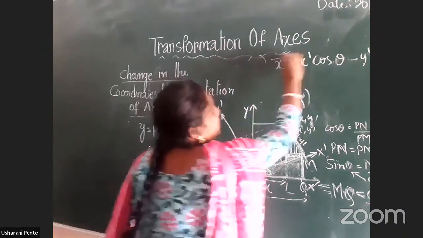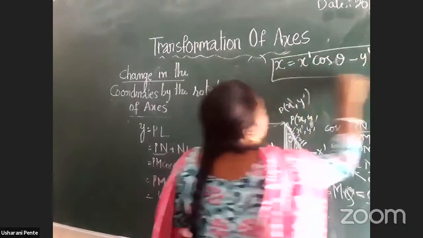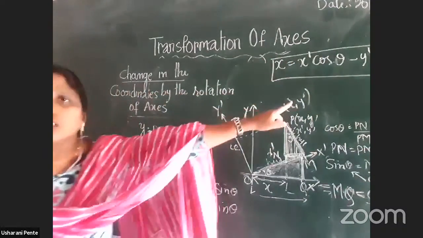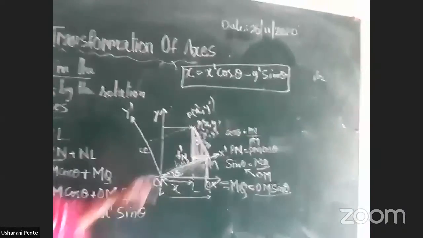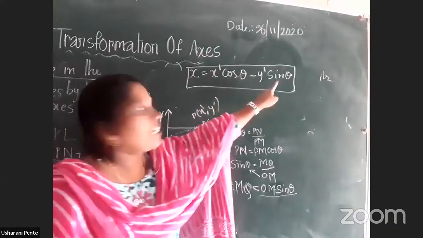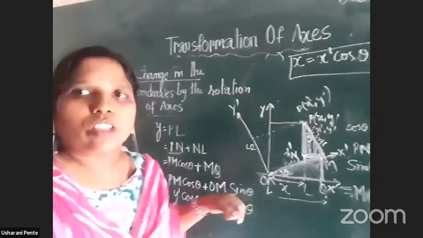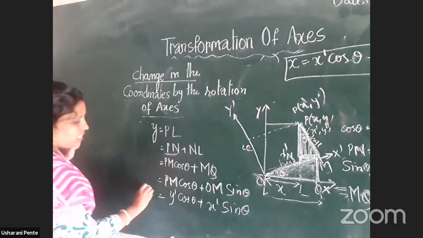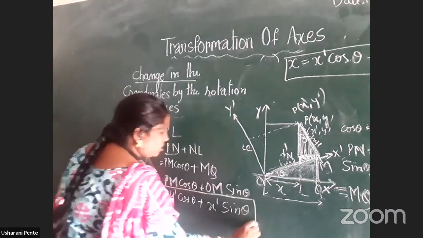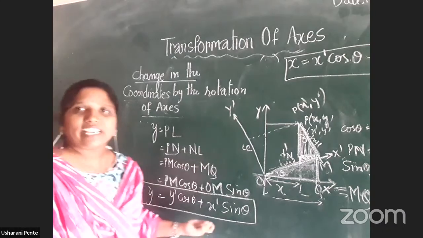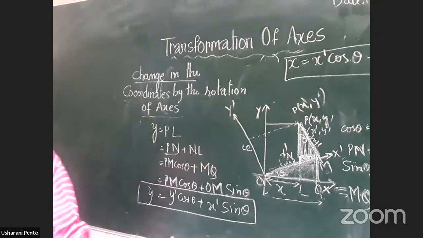So hence x is equal to what? x is equal to x dash cos theta minus y dash sin theta, while y is equal to how much? y is equal to y dash cos theta plus x dash sin theta.